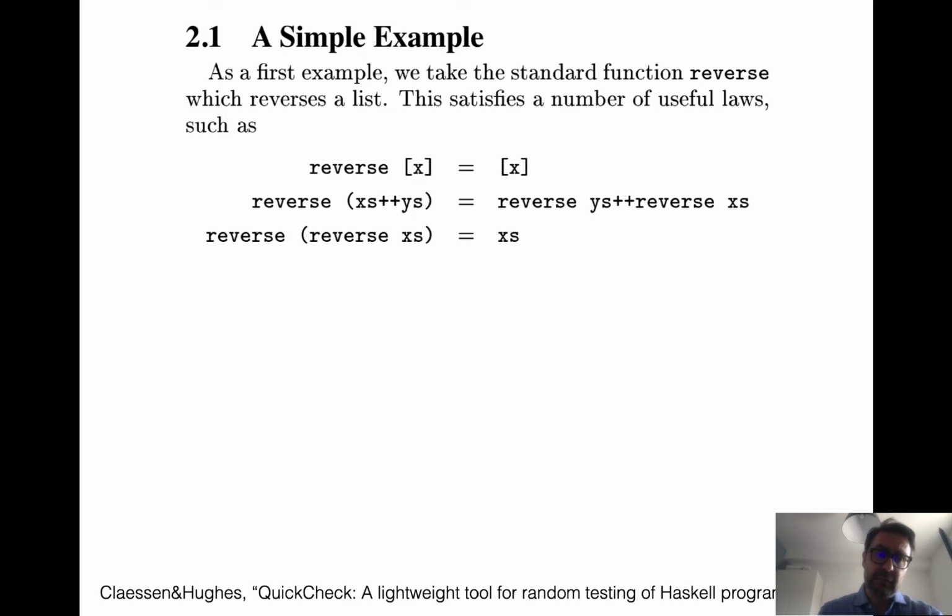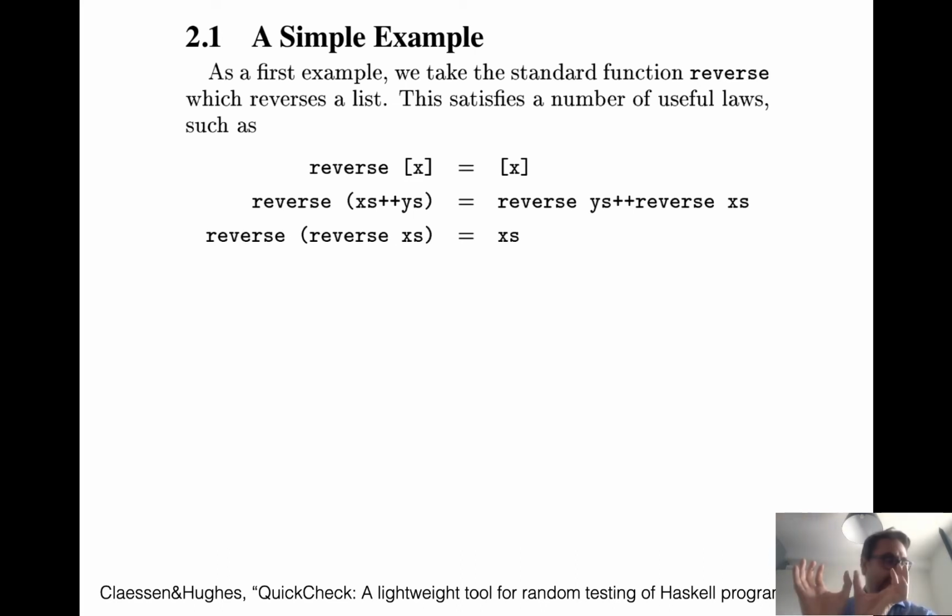Then, here you see, if you give reverse the concatenation xs ++ ys, in Haskell that means take the sequence xs and stick the sequence ys onto the end of xs. So it's like concatenating them. If you think about it, this is true.